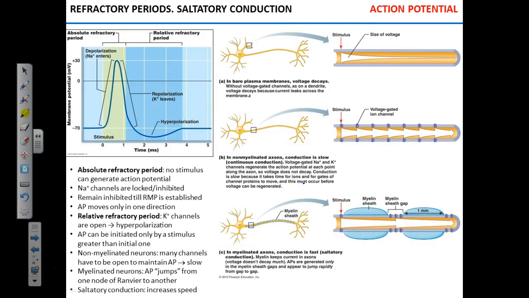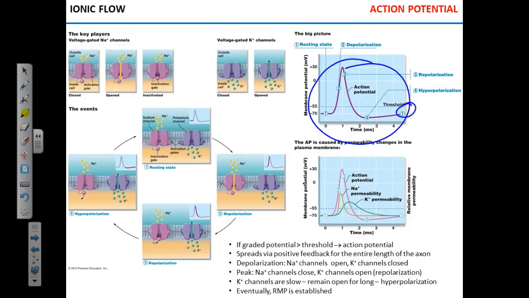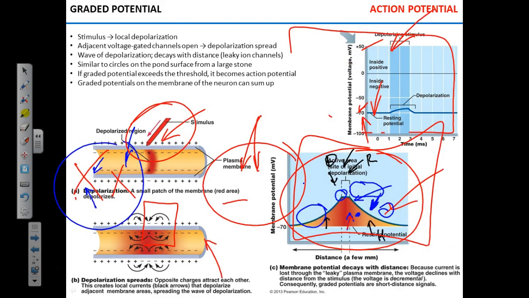Okay. Now, when the action potential occurs, think about this. You never asked me one question. You look at the graded potential, and this picture clearly shows that a graded potential can spread in both directions from the site of the stimulus.